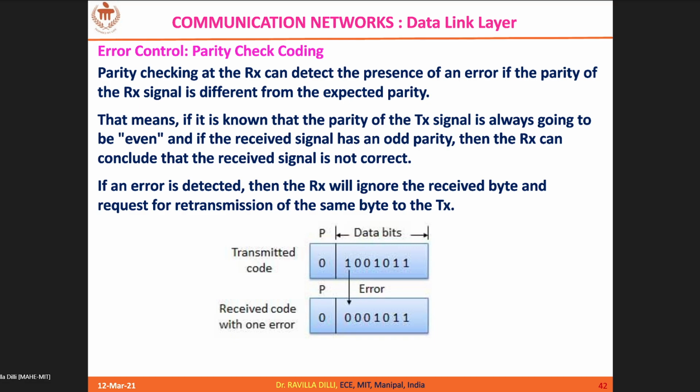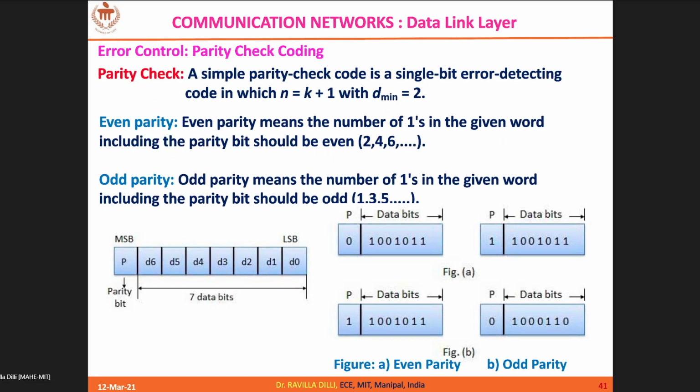At the receiver, if we calculate the number of ones, it is 3, so it violates the even parity principle. So you can say there is some error, though which position, we don't know. Parity check helps you to detect single bit errors. If two bits get flipped, the parity value will be the same, so you cannot detect the errors. But anyhow, it helps you to detect single bit errors, at least an odd number of bit errors.